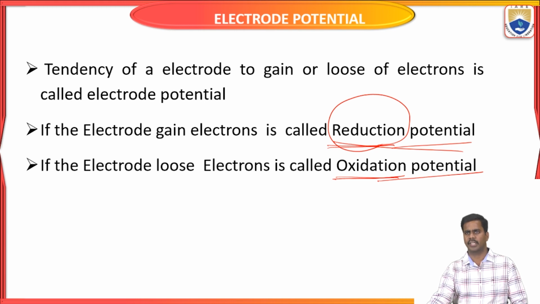So electrode potential is the tendency either to gain or lose electrons. If the electrode gains electrons, that is known as reduction potential. If the electrode loses electrons, it is known as oxidation potential.